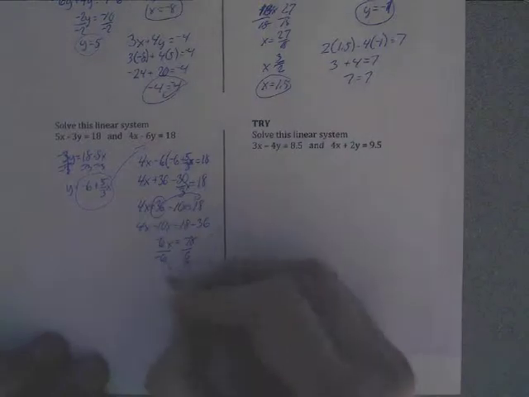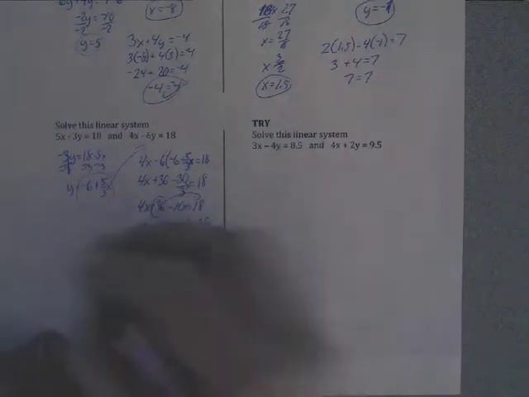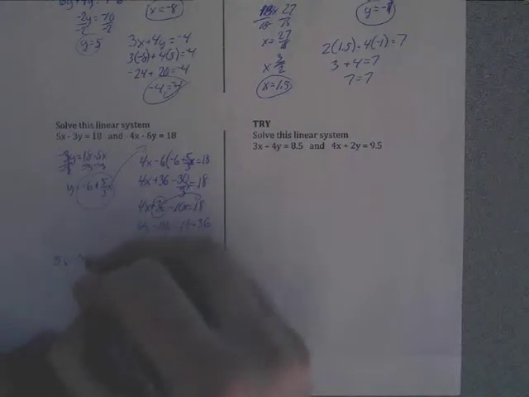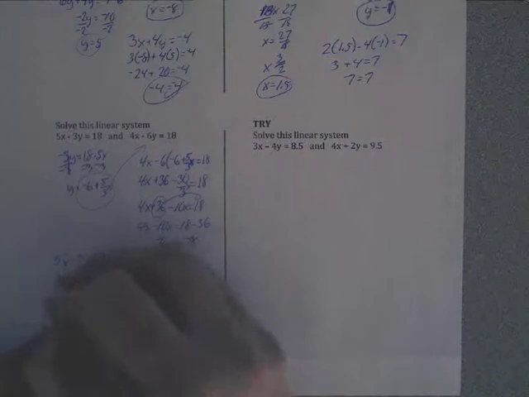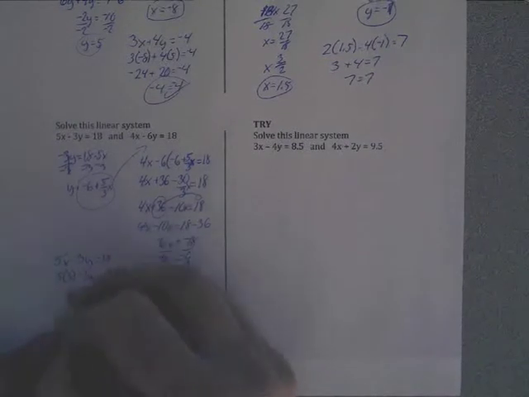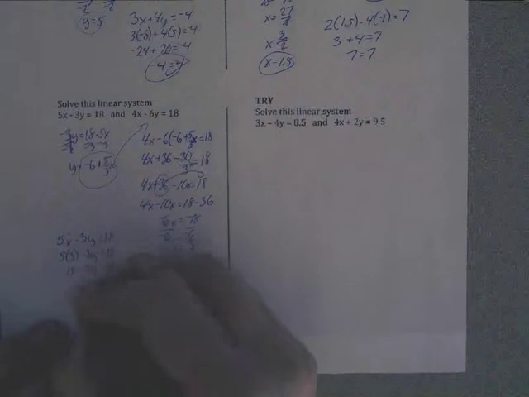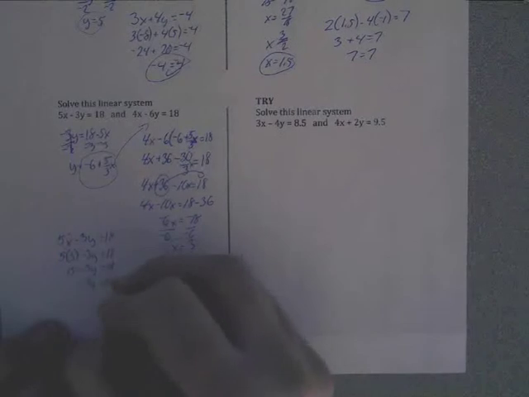Then take the 3, plug in the other equation, to solve for y, so 5x minus 3y is equal to 18. 5 times 3 minus 3y is equal to 18. 15 minus 3y is equal to 18. Negative 3y is equal to 18 minus 15.